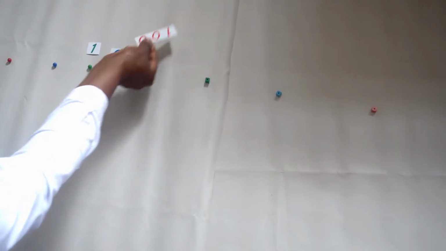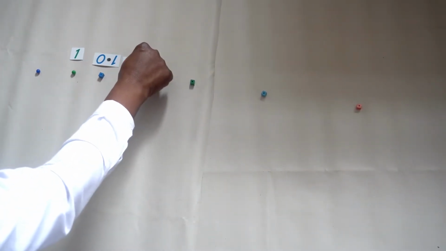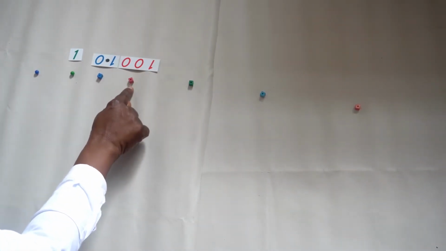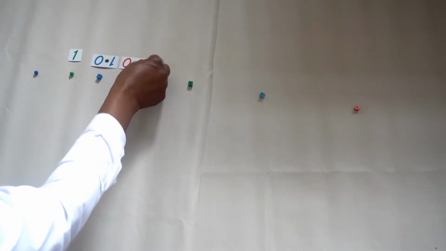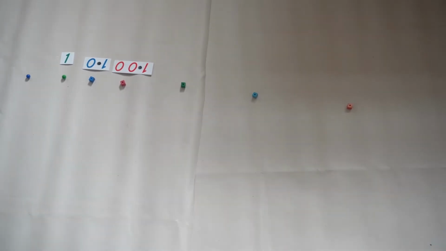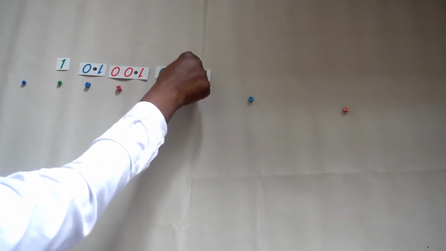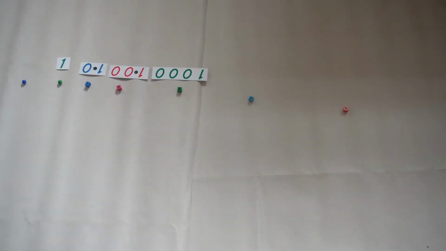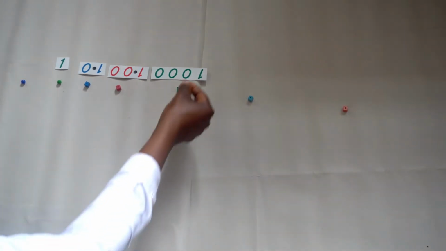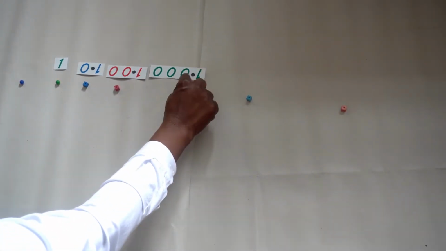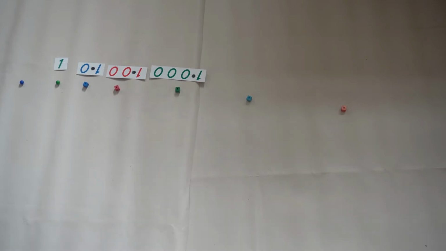If I bring it here and flip it over, so this is 100th. I have this to put as my decimal point. So this is how we write out 100th. Suppose I take 1,000 here and bring it here, and I flip it over. I have 1,000th. I have a black point to show my decimal point. So this is 1,000th. Suppose I bring the 10,000.